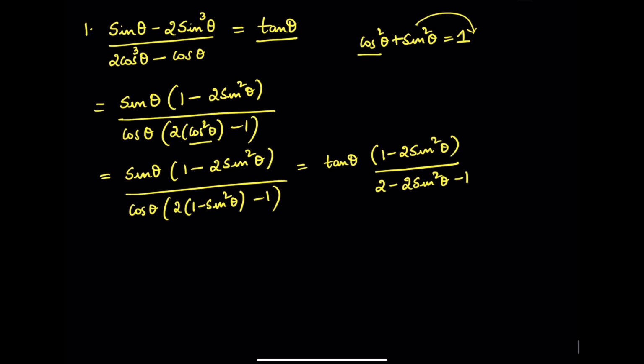So if we observe here, 2 minus 1 is 1, and this denominator again will be equal to 1 − 2 sin² θ. So we can cancel this out and we will remain with only one function, which is tan θ. So this is how you can approach the first problem.